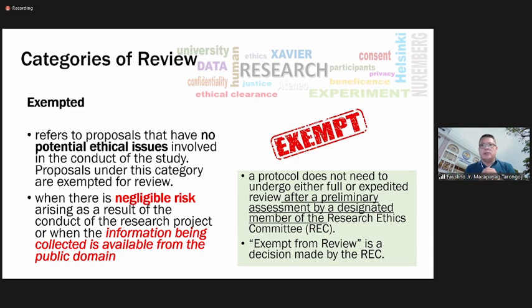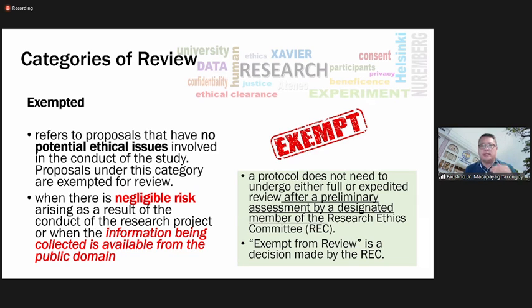So when the protocol is assessed as exempted, it simply means that this proposal or protocol has no potential ethical issues. No potential. So that doesn't mean that there are no ethical issues. But based on the description of your procedure and your objectives and your background of the study, there are no potential ethical issues that are involved.